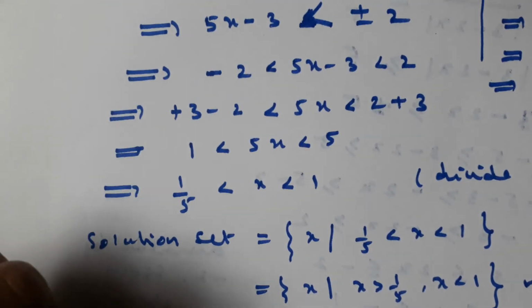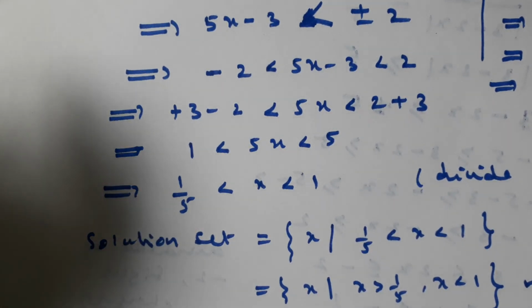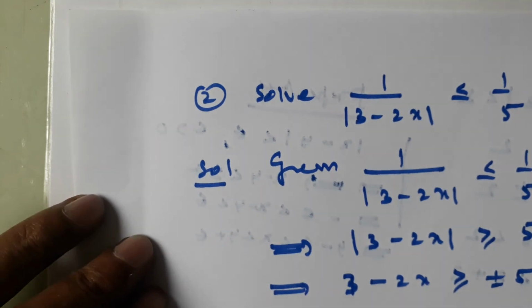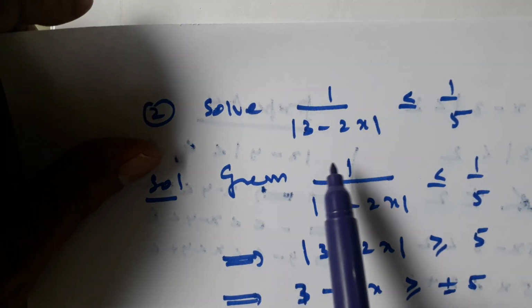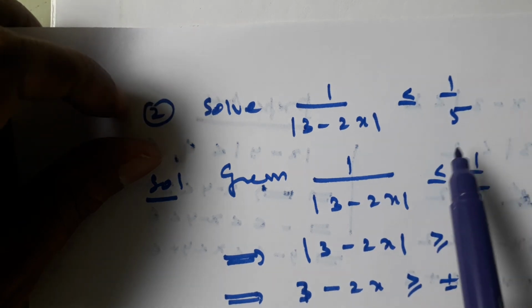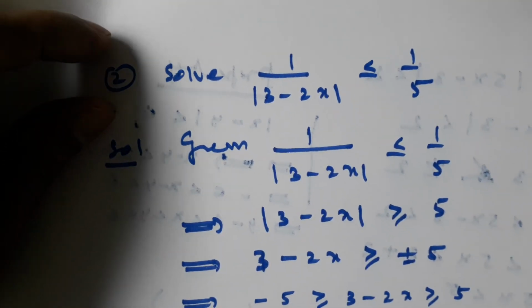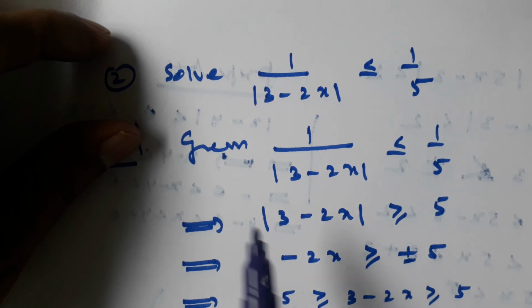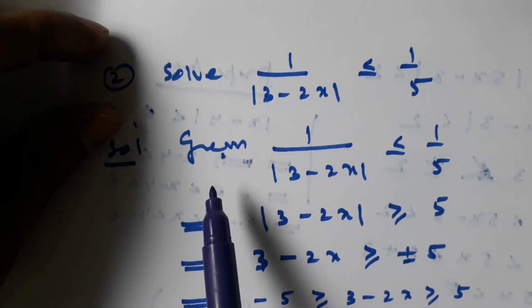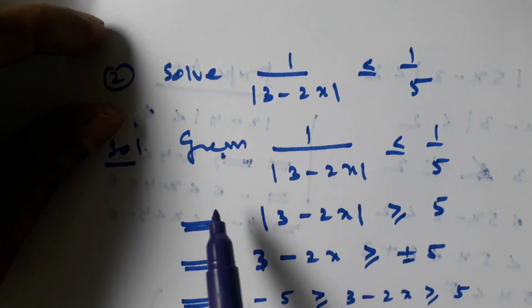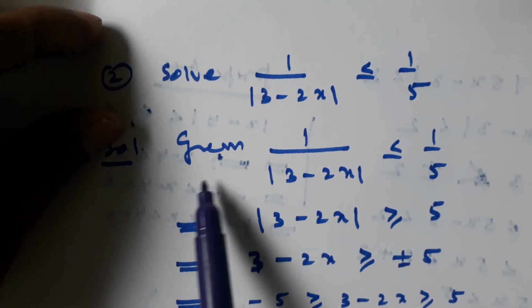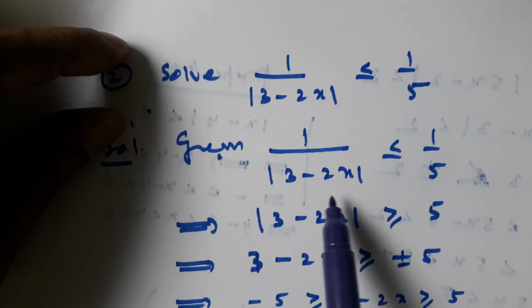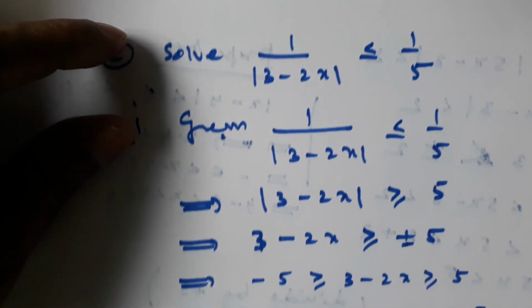See the finding of the x values. Right, second problem. Solve 1 divided by mod 3 minus 2x is less than or equal to 1 by 5. Find out the x value. Solve means find the x value from this inequality. Solution. Given 1 by mod 3 minus 2x is less than or equal to 1 by 5.